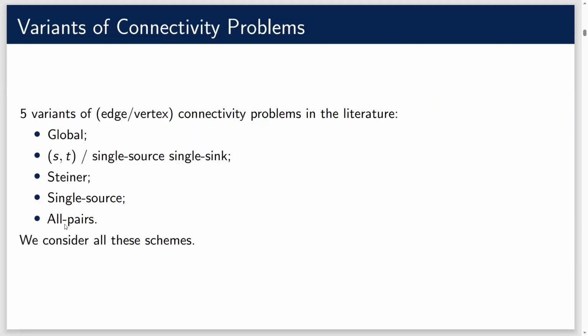There are five variants of connectivity problems in the literature: global connectivity, ST connectivity as we have mentioned, single source connectivity, and all pairs connectivity. In our paper, we consider the results for all these settings and give a total answer.